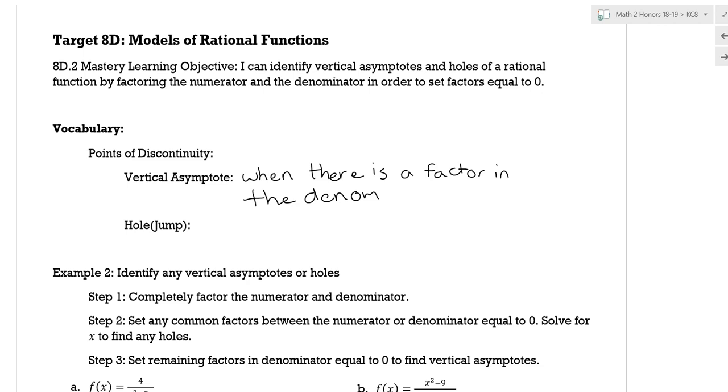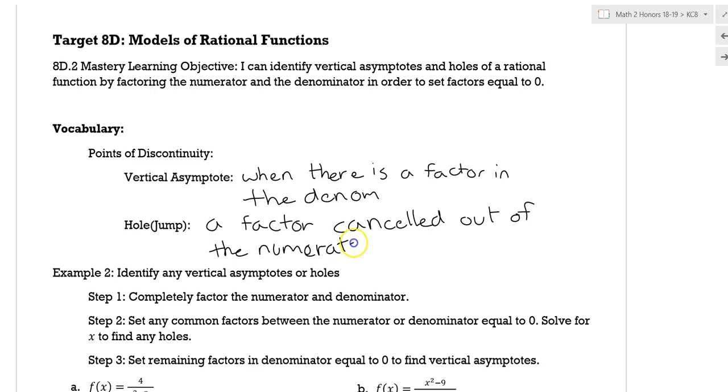So if there's something in the denominator where I can set it equal to 0, then it's going to have a vertical asymptote. A hole comes from a factor canceled out of the numerator and denominator. Okay.